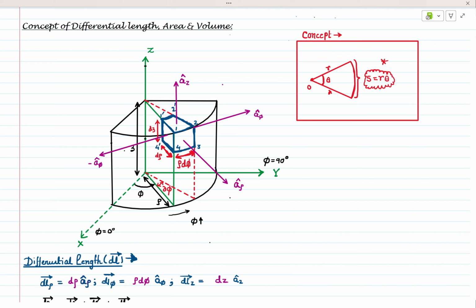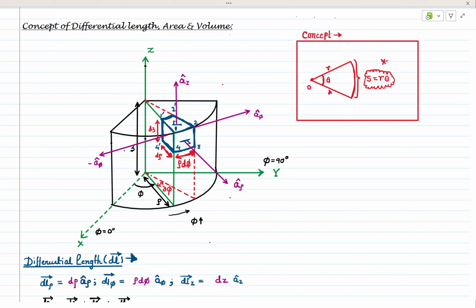First of all, 1, 2, 3, 4 is one area whose area vector direction is the perpendicular. I have already told you how the direction of the area vector is taken. The direction of the area vector is nothing but the perpendicular.